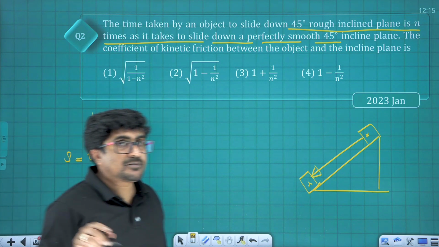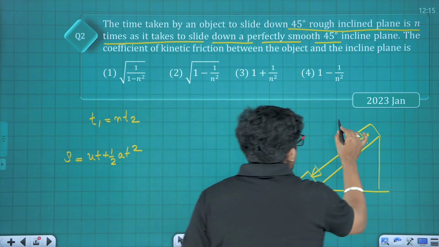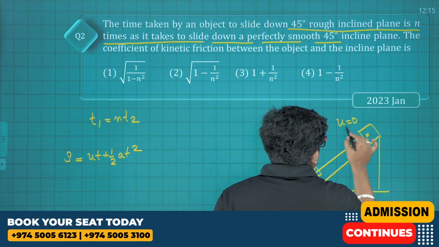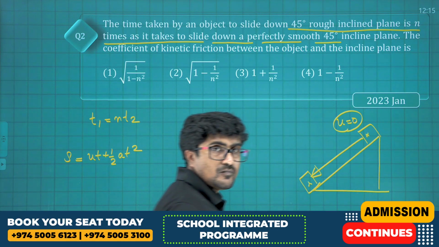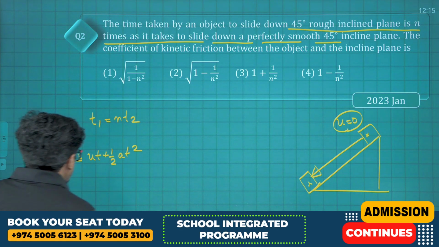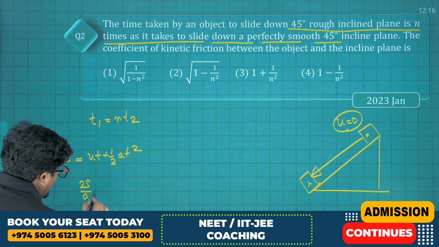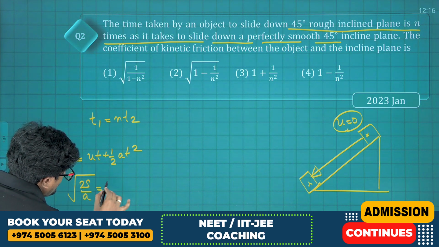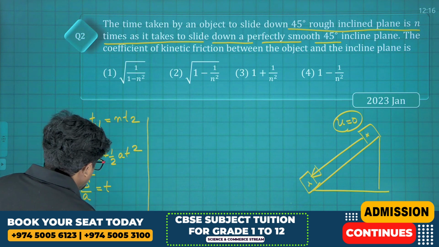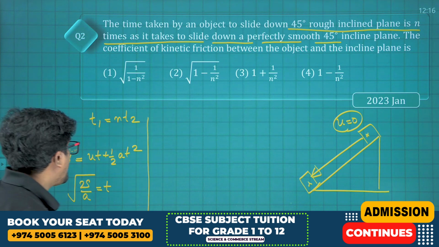Here the body is starting from the state of rest, that means u is equal to 0. Then I can say that t is equal to the square root of 2s upon a. This is the time taken.